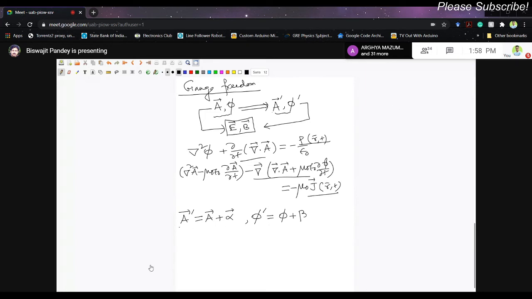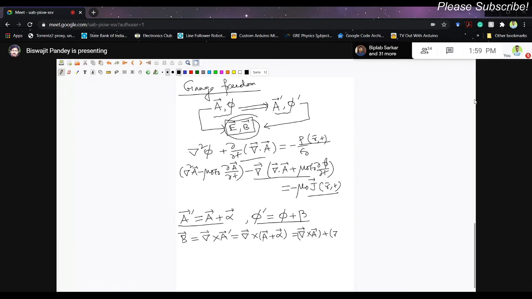Now, this is allowed. As I told you, the gauge freedom tells you this is allowed as long as you have the same electric field and magnetic field from them. So the magnetic field B has to be the same. B should be equal to the curl of A prime also, not only the curl of A. And A prime is A plus alpha, so the curl of A prime is curl of A plus curl of alpha.